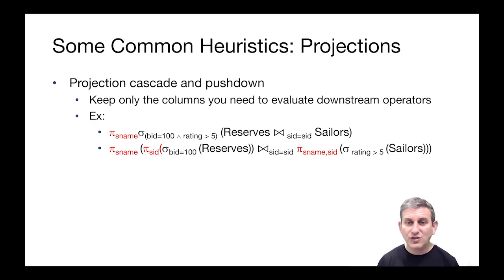So we can project to just those two columns after we've done the selection on sailors. At every stage, at every operator here, we're only keeping the columns that we need for downstream operators. This is useful because it makes sure that tables that we might input into, say, a sort merge join or a hash table will only have the columns that are necessary, which means they'll only take up memory for the columns we care about.